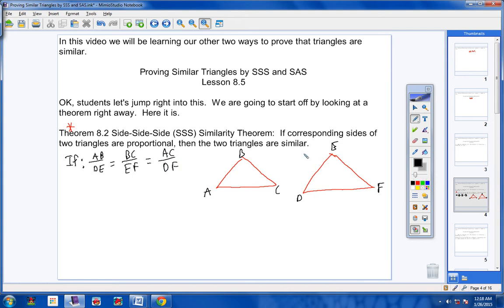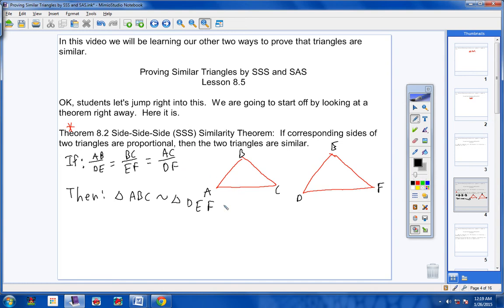So if this side here over this side here equals this side here over this side here equals this side here over this side here, then we can state triangle ABC is similar to triangle DEF. Okay? So that's what this theorem is saying.